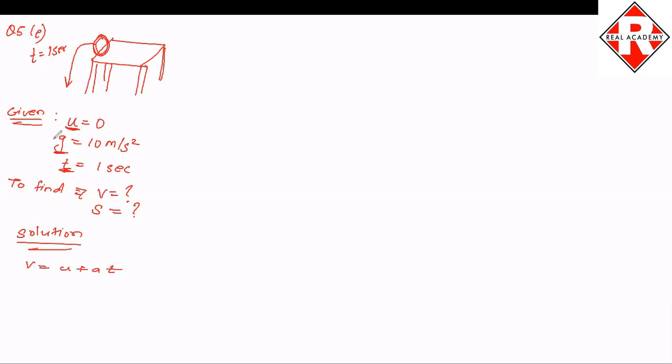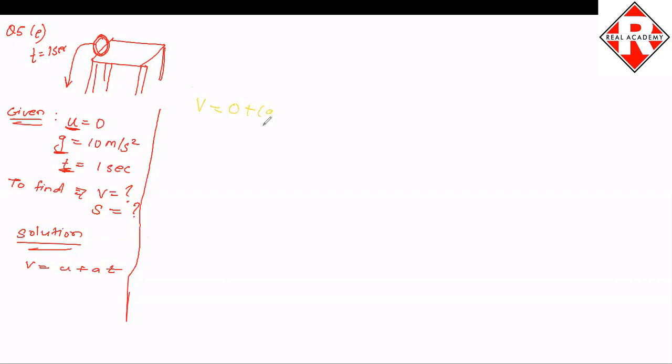Correct. V is equal to U plus AT. Let's just substitute the values. If I substitute the values, I do not know what V's value is. Correct. U is given to be 0.